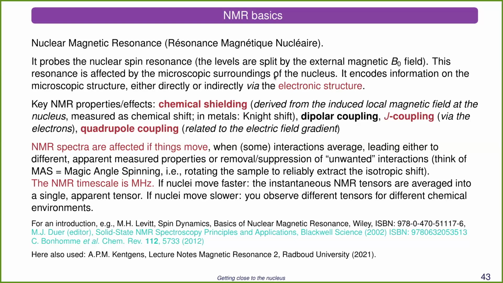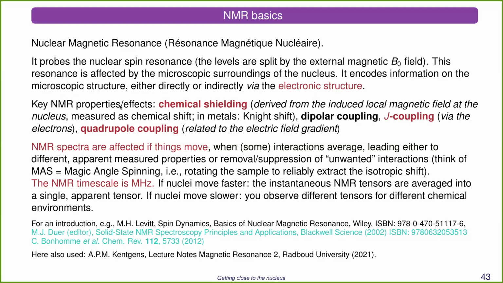But this resonance is also affected by the surroundings of the nucleus, and part of that information goes by the electronic structure. So you need to calculate some electronic structure in order to model that. That's why, of course, VASP comes into play in the first place.